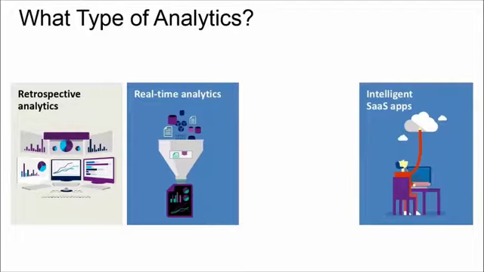So let's talk about some types of analytics. I've already brushed on this, but we have retrospective analysis. This is primarily BI tools, and a lot of spreadsheet analysis falls into this category. To the immediate right of that, you see real-time analytics. That's a growing area where there are a lot of streaming analytics systems, including in the Microsoft Cortana stack and other places. Spark Streaming has become a very popular way to address that.